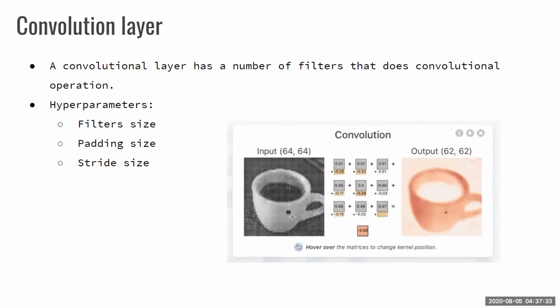The output dimension of one layer is equal to the number of filters. For example, if we have 10 filters, the next layer will have 10 channels, and the convolution layer has hyperparameters like filter size, padding size, and stride size. These values should be set by the neural network designer.